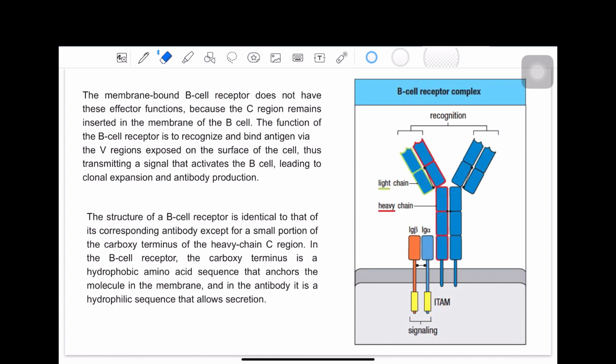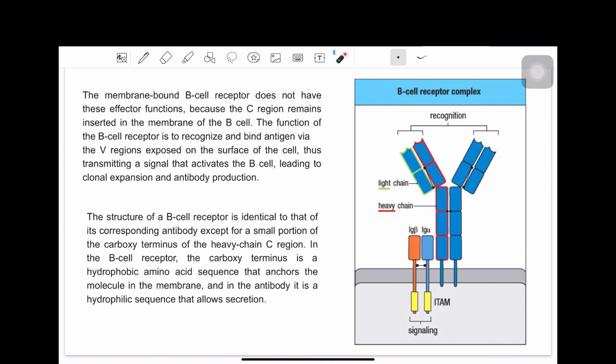Now, the membrane-bound B cell receptor does not have any effector functions. So I already mentioned the effector function of the antibodies, that means the way it helps to neutralize the antigen or any pathogen, or provides the immune response in the host.